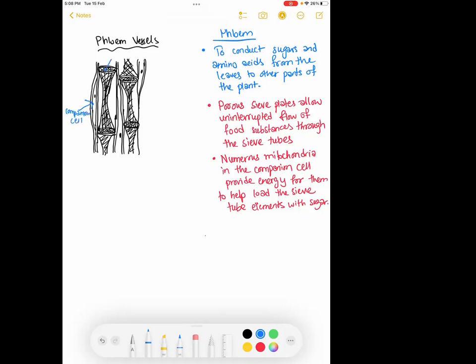And this plate right here, this is a sieve plate. And between two sieve plates and accompanied by a companion cell, this entire thing right here, for example, is a sieve tube element.